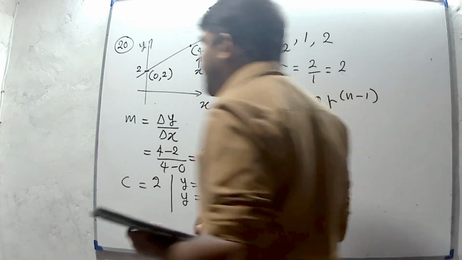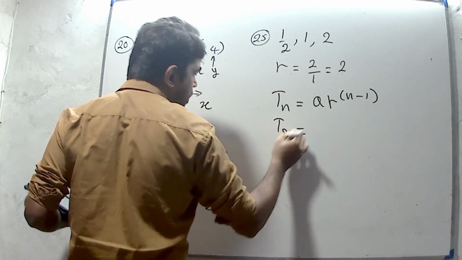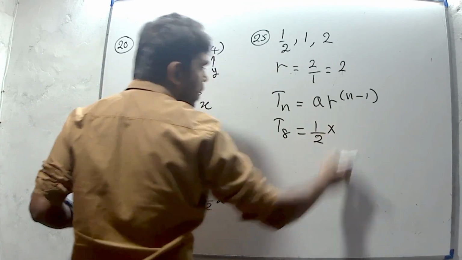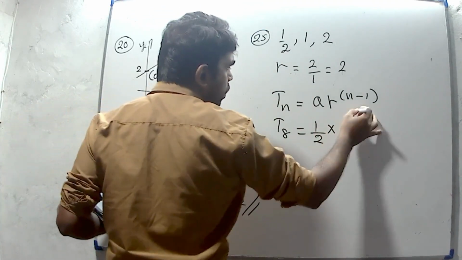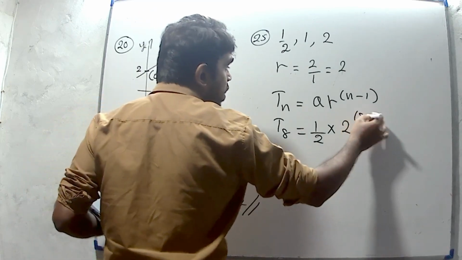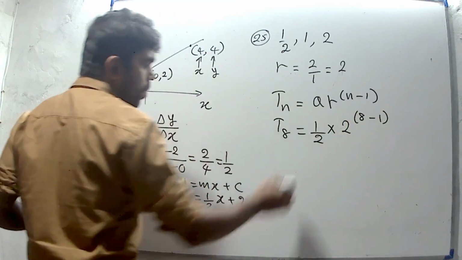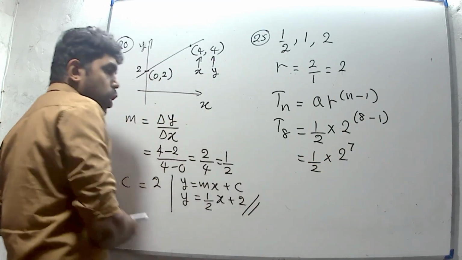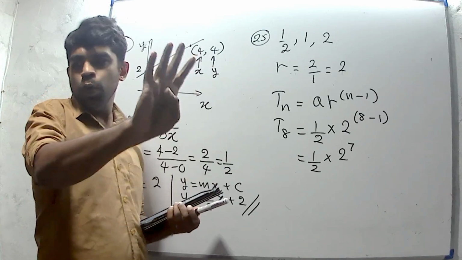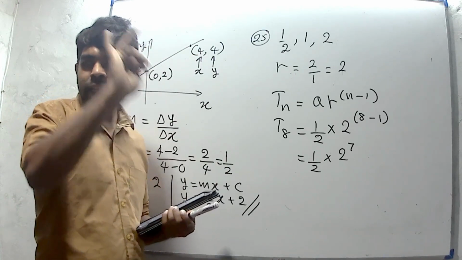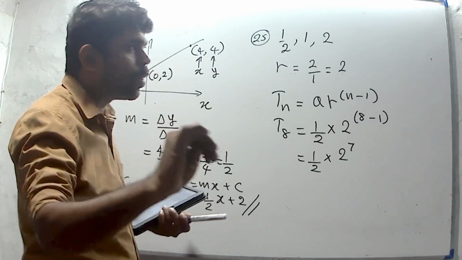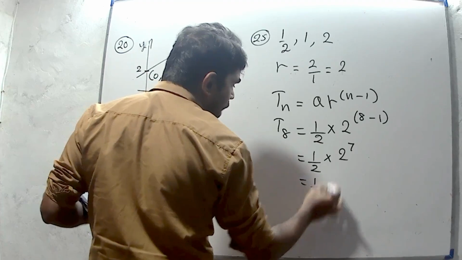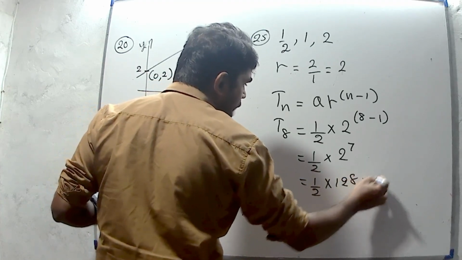We have to find the 8th term, T8. a is the first term, which is half, multiplied by the common ratio 2. Then n value is 8. Half into 2 to the power 7. 2 into 2, 4. 4 into 2, 8. 8 into 2, 16. 32. 64. 128. Half into 128. Then the answer is 64.